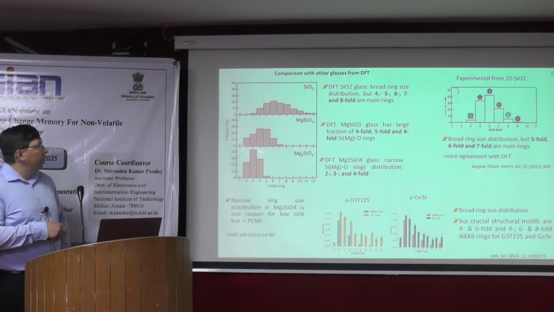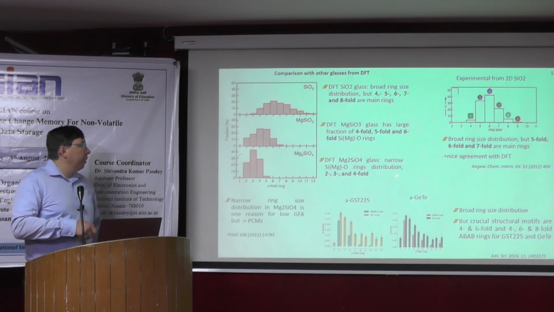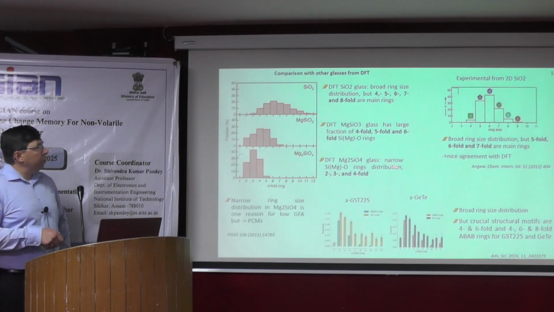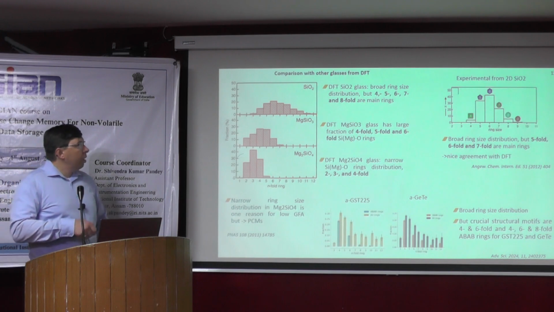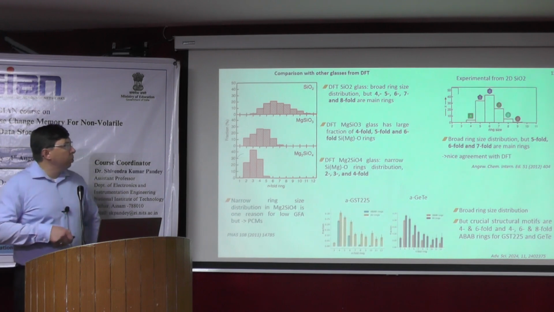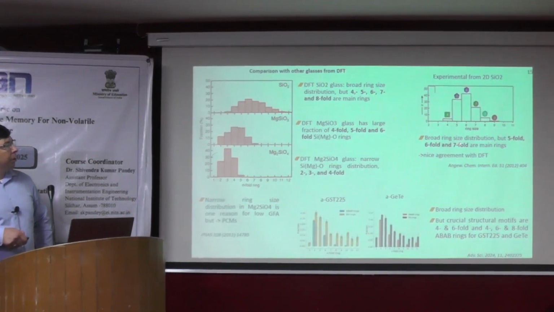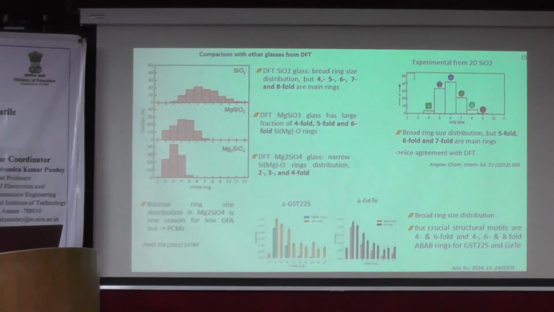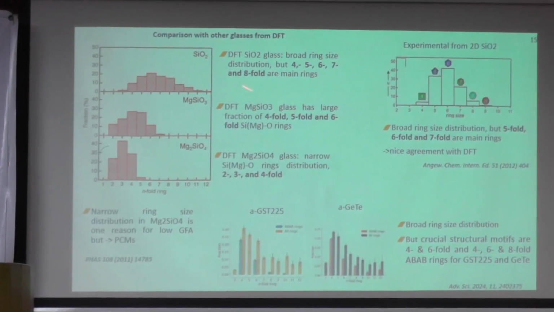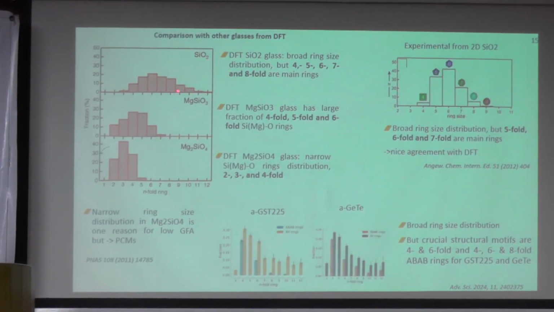Here they have rings between 4, 5, and 6 fold, and for spinel there is a somewhat narrower distribution of rings, 2, 3, and 5. For monolayer SiO2, the distribution is also 5, 6, 7, which is in very nice agreement with the DFT calculations. So this is between 4 and 8, here 5 and 7.